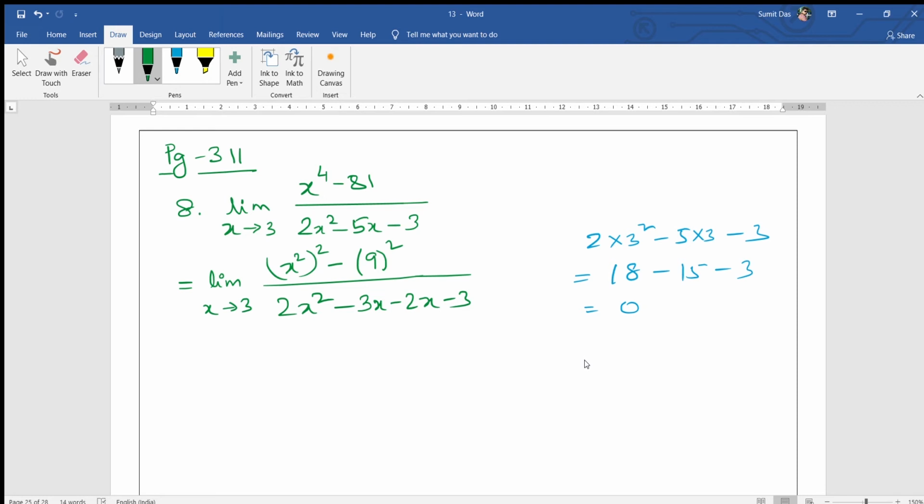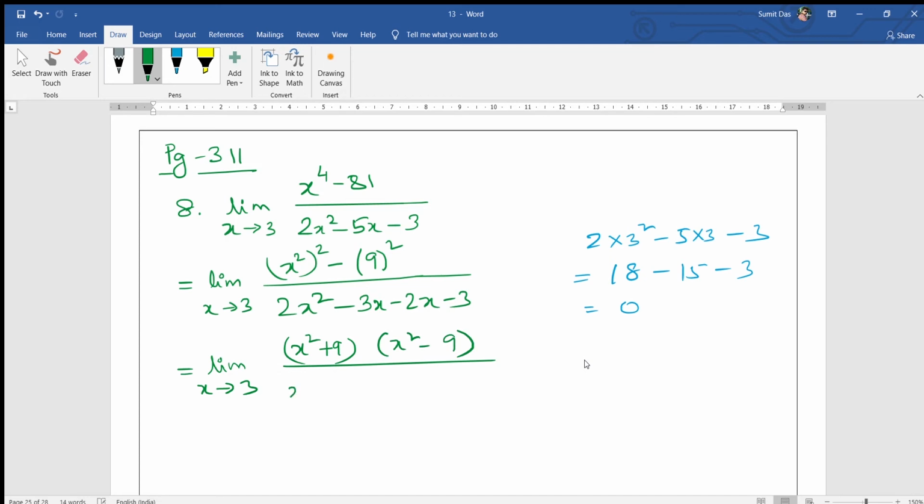So it will be limit x tends to 3. For the numerator we'll use the a square minus b square formula, so we'll get x square plus 9 and x square minus 9.